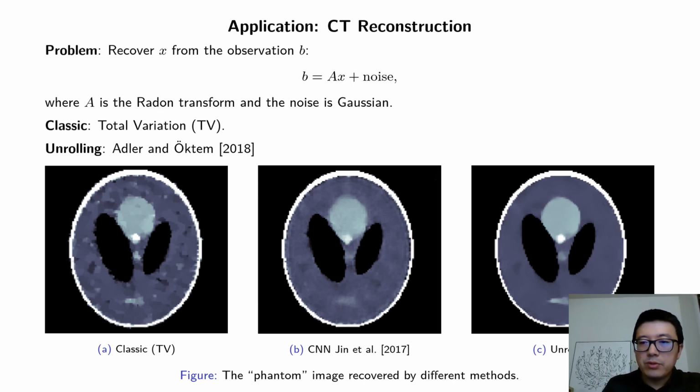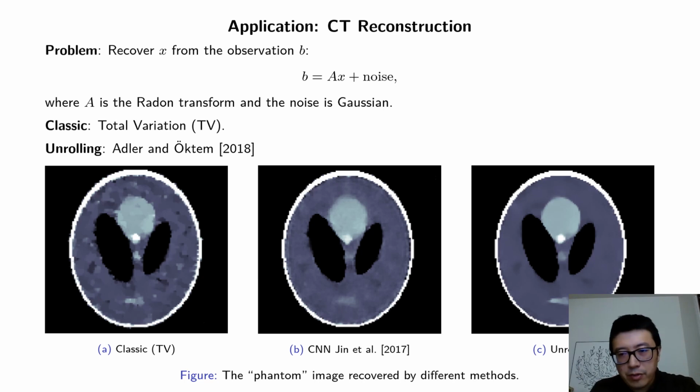If we are able to recover better signals, we can potentially not only reduce the image reconstruction time and improve its quality, but also reduce the number of line integrals. In other words, the radiation dosage that's delivered to the patient. So this is a very important application.